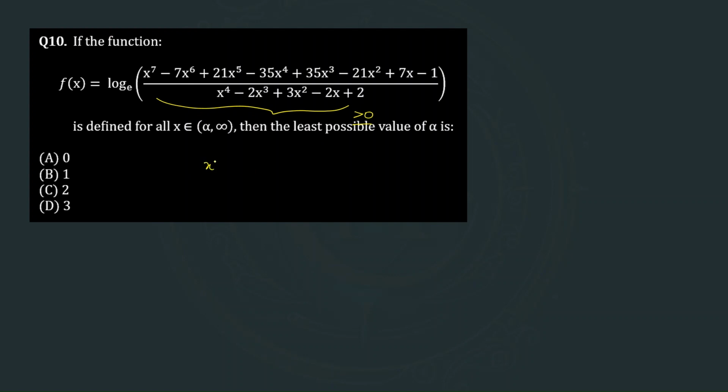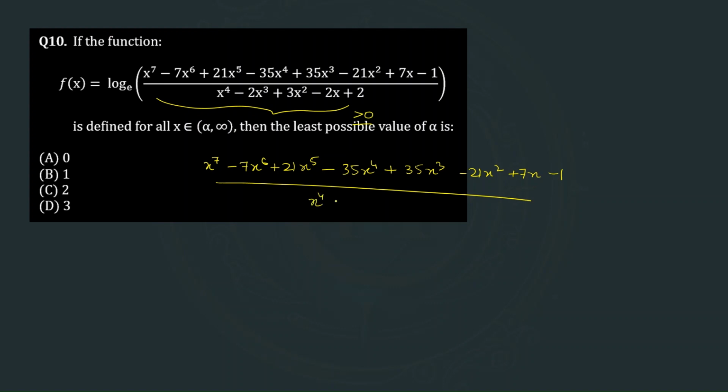So x to the power 7 minus 7x to the power 6 plus 21x to the power 5 minus 35x to the power 4 plus 35x cube minus 21x square plus 7x minus 1 divided by x to the power 4 minus 2x cube plus 3x square minus 2x plus 2 should be greater than 0.